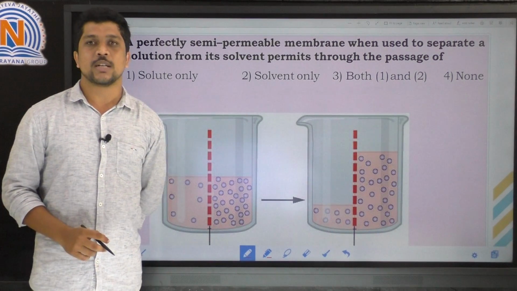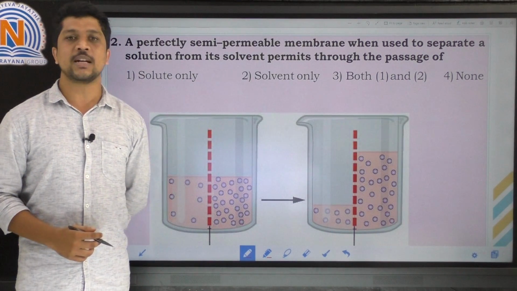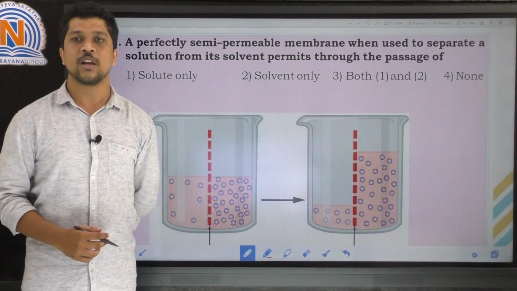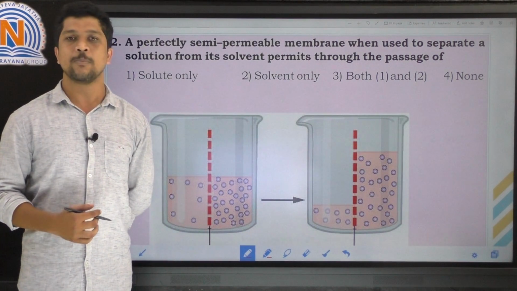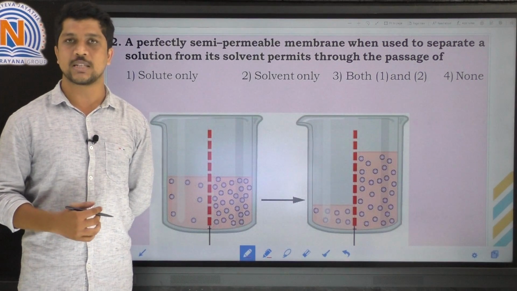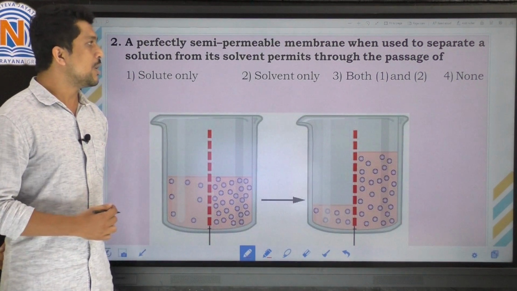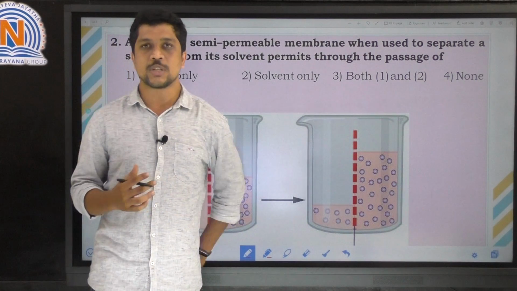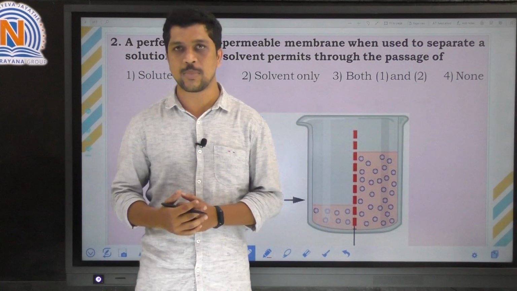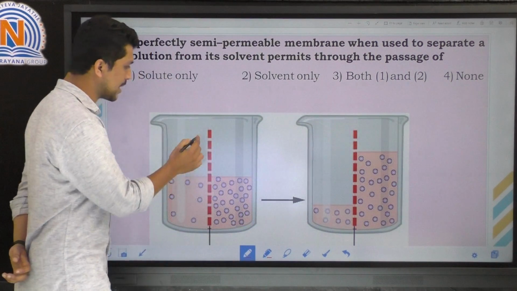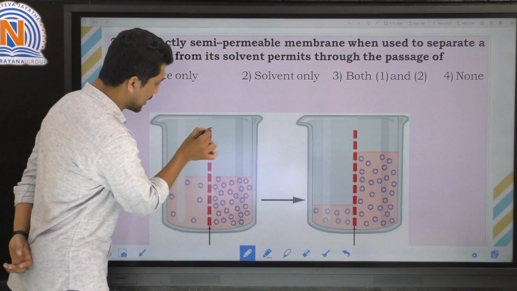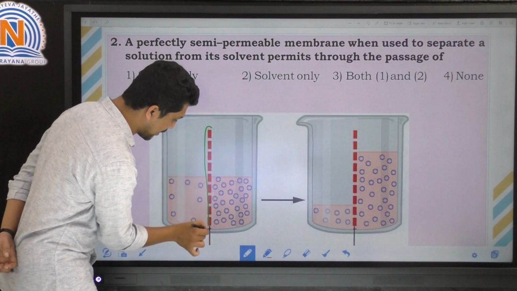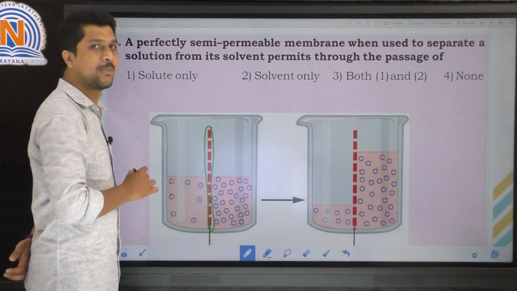Here the second question: a perfectly semi-permeable membrane, when used to separate a solution from its solvent, permits the passage of, right? We know that in the osmosis process we use a semi-permeable membrane. If you see this picture, this red colored sheet is the semi-permeable membrane.